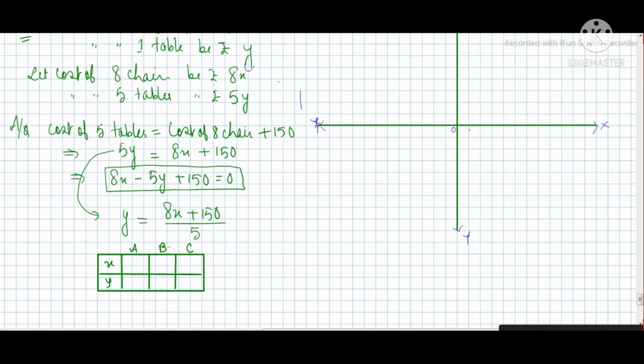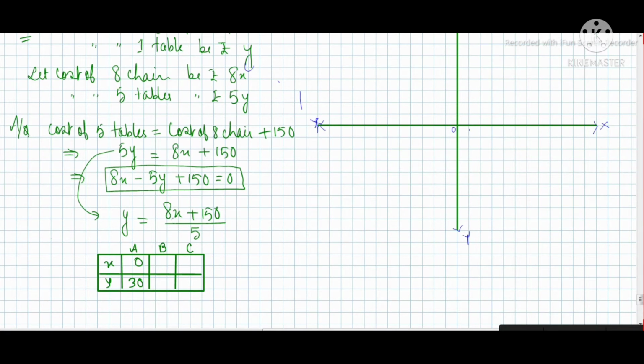Now put the value of x in such a way that when you add it to 150, it will be divisible by 5. Now think what value you can put. You can put 0 here. If you put 0, then 0 plus 150 is 150. Now 150 divided by 5 is 30. So you have to take such a number which is a multiple of 5. Now if I take minus 5, then 8 into minus 5 is minus 40.